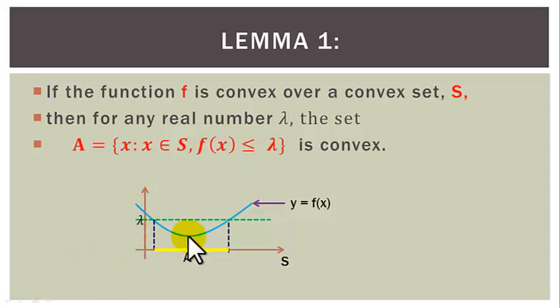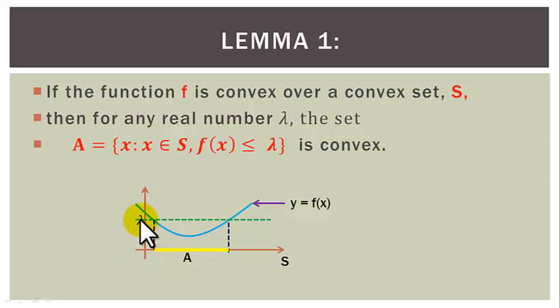This curve y equal to f of x is a convex function defined over a convex set S. That's this red line is a convex set. Now let us pick lambda here so that we consider the set of all points x such that x is element of S and f of x is less than or equal to lambda.